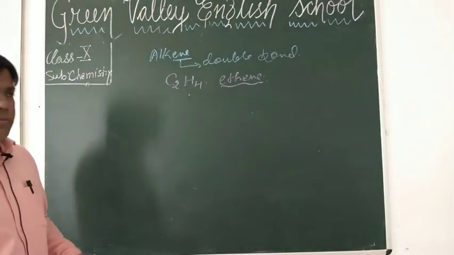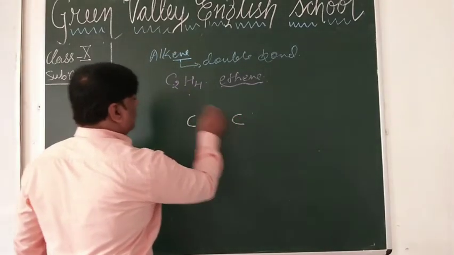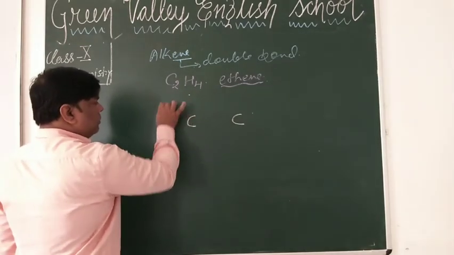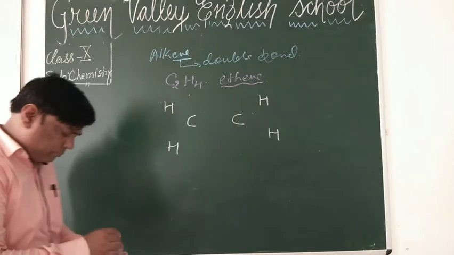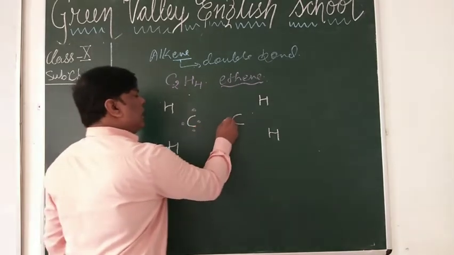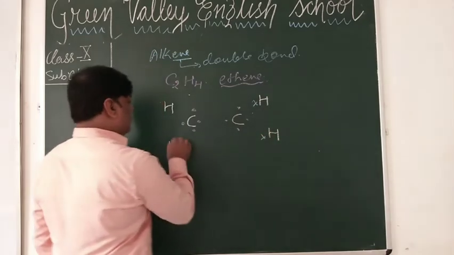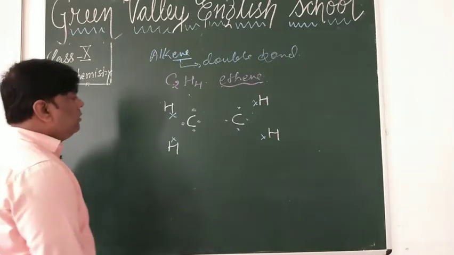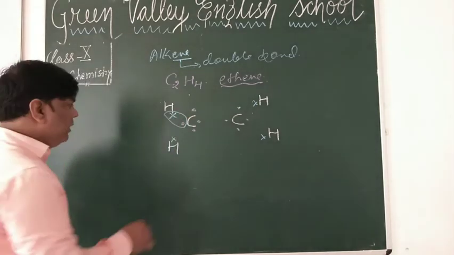Now electron dot structure for ethene. 1 carbon, 2 carbon, 4 hydrogen: 1 hydrogen, 2, 3 and 4 hydrogens are there. Outermost orbit has 4 carbon electrons, and in case of hydrogen, single electron. So first of all, hydrogen wants to complete its duplet, completed.